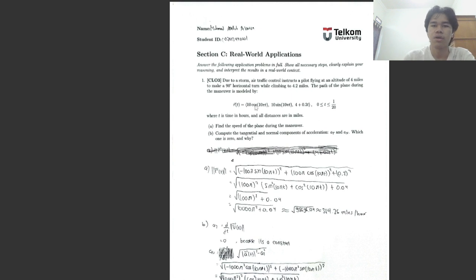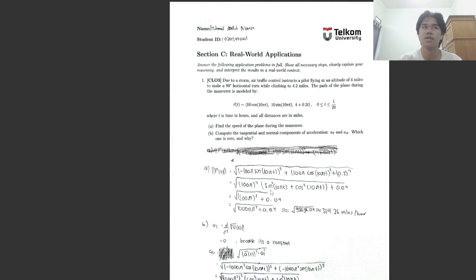So 10 cos 10 pi t will become, if we derive it, minus 100 pi sine 10 pi t, squared, etc. And then we can move 100 pi squared to the outside because both fractions have it, and this will become 1.